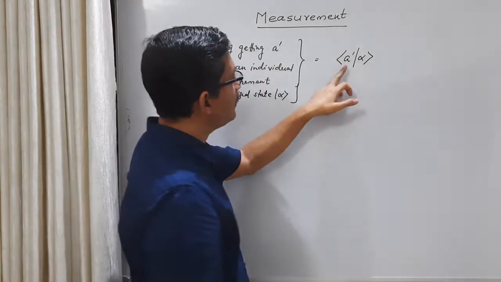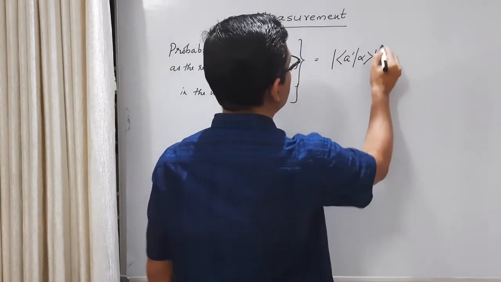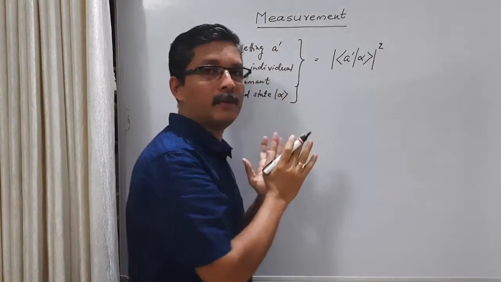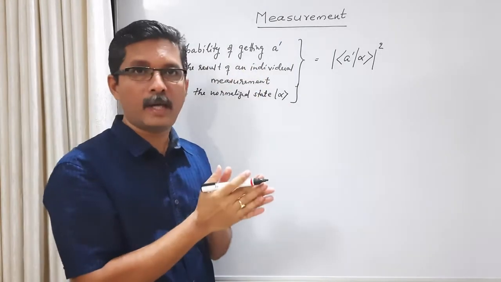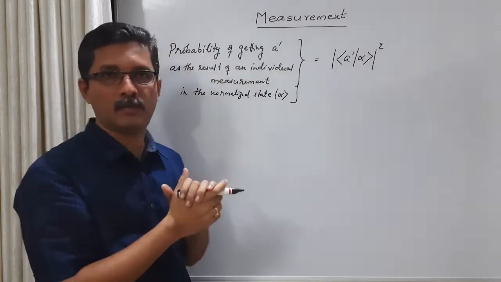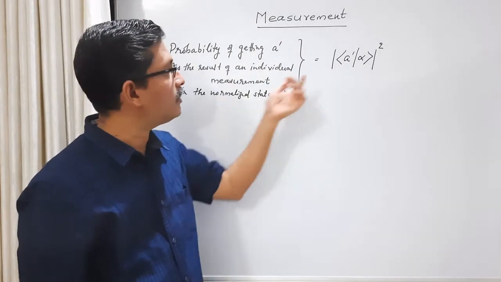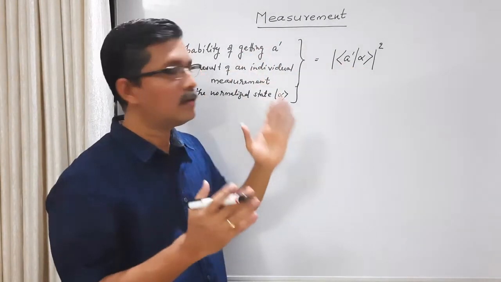So we have to take the inner product between A prime and alpha, which is in general a complex number, and take its modulus squared. This is the probability. Okay, the probability of getting the eigenvalue A prime as the result of an individual measurement in the initial normalized state ket alpha is the inner product between A prime and alpha, whole squared.